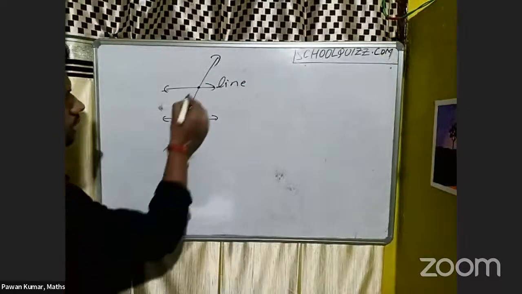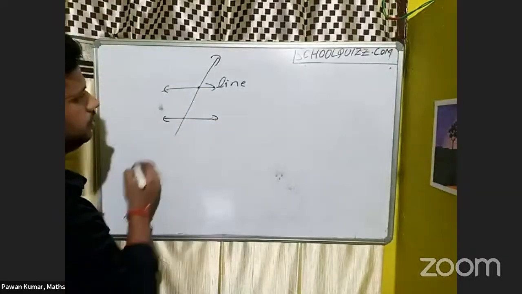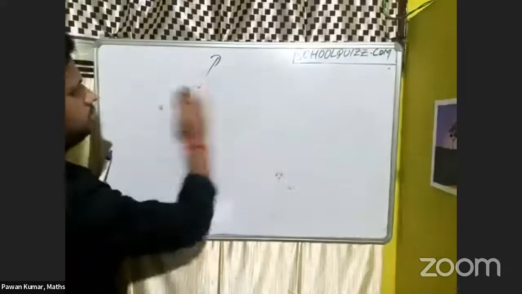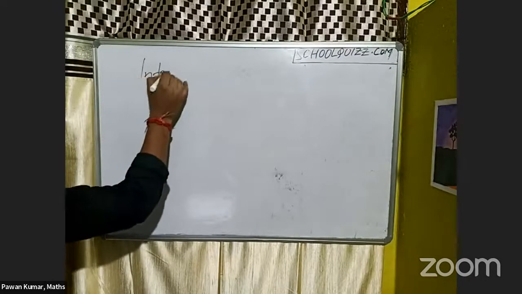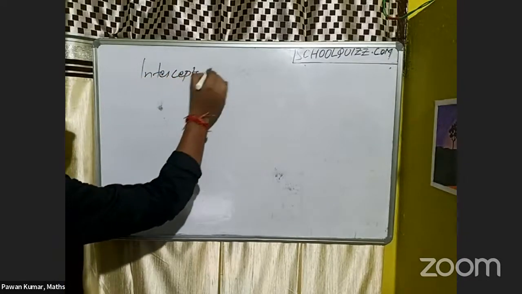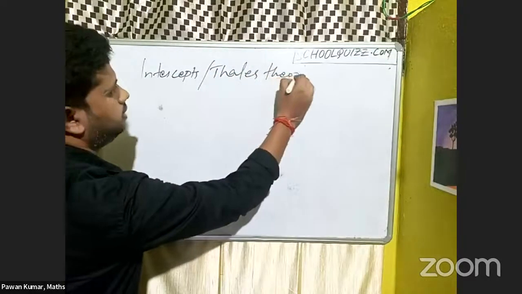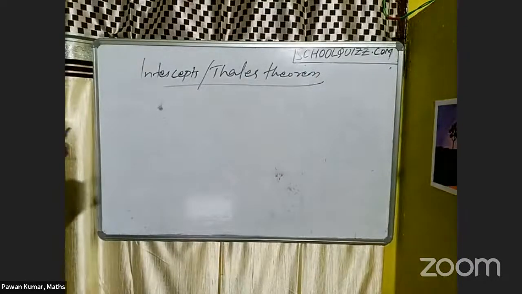Suppose these lines are there, and these are from up to 10th. If I talk about the intercept, they call it the Thales theorem also, correct? Which is there in your 10th syllabus.